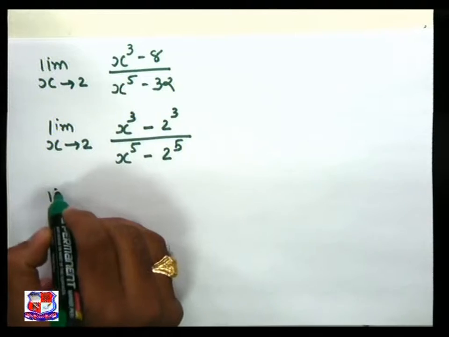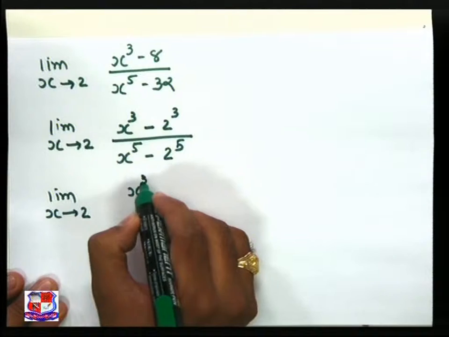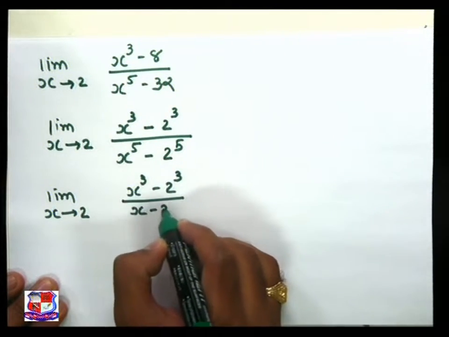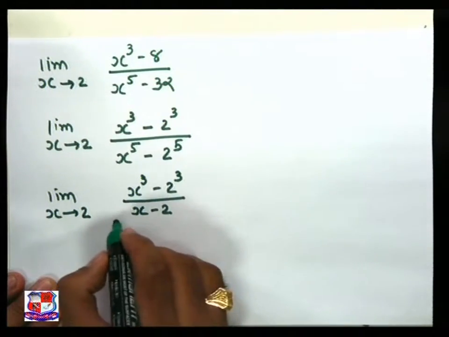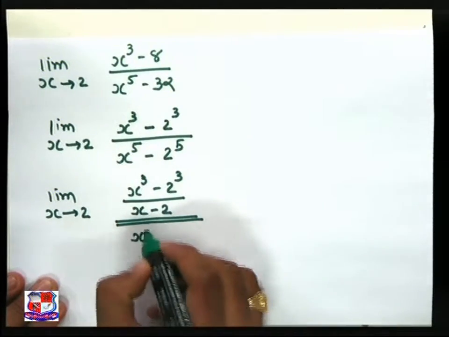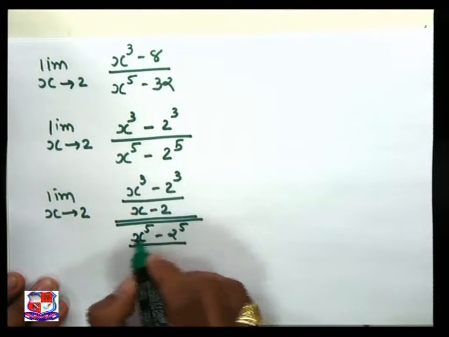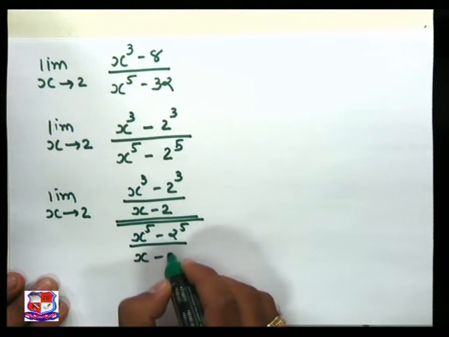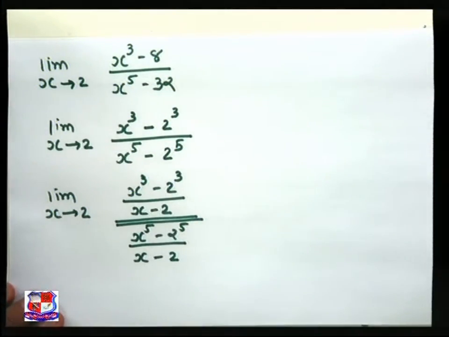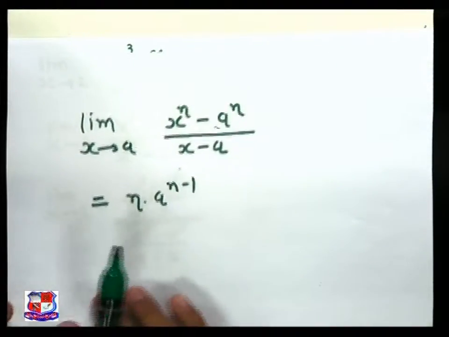So we can write limit x tends to 2, here (x cube minus 2 cube) divided with the without-power term x minus 2, all divided by (x raised to 5 minus 2 raised to 5) divided with its without-power term x minus 2. Now time to replace the limit, and we use this formula, that is n into a raised to n minus 1.